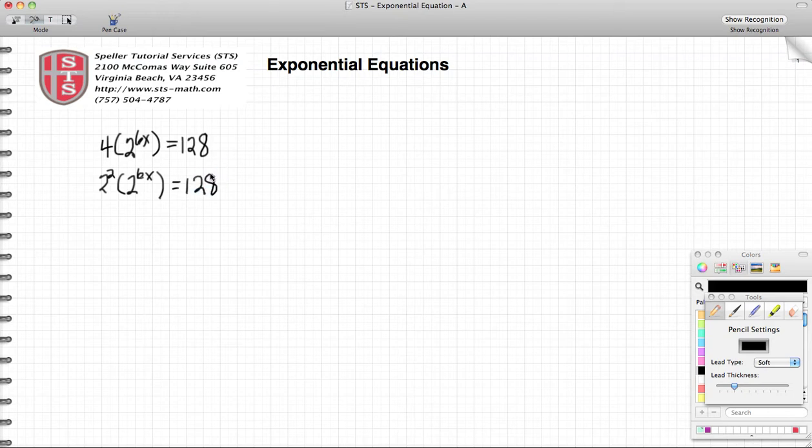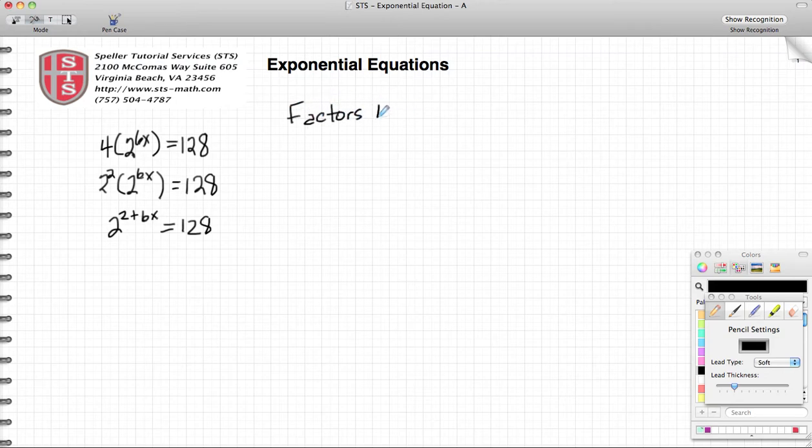From the rules of exponents, we know that whenever we have a like base, we can add our exponents. So on the left, that gives me 2 raised to the 2 plus 6x power, and that again is equal to 128. Now my goal is to figure out the factors of 128 so that I can try to come up with a base of 2. So let's begin.